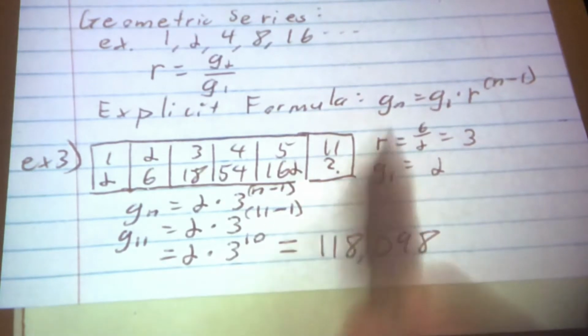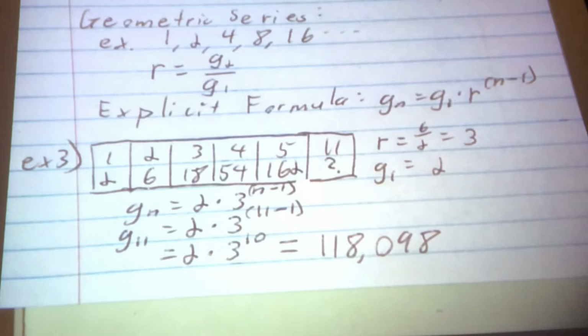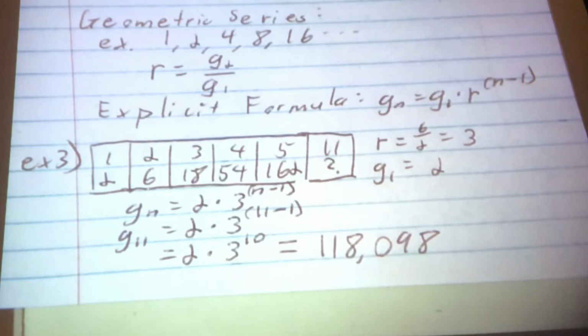So again, fun thing about explicit is that as long as you know your first term and your rate, you can find any term. If I asked to find the 100th term, you can. I won't, but if asked, you could.